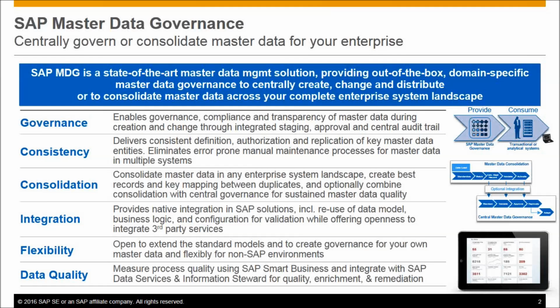So the solution was extended to the FMS module, which is, of course, a natural extension from the IS Retail focus. So when we did that, we are focusing on the master data governance, and I'll talk a little bit about how that fits in with the standard MDG.